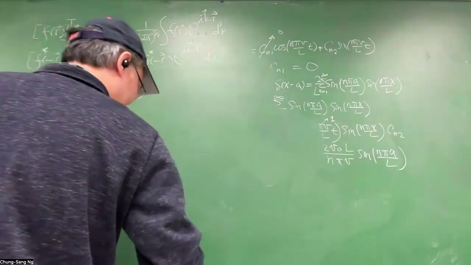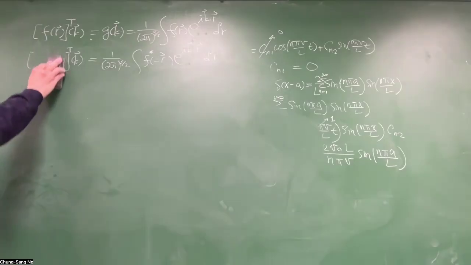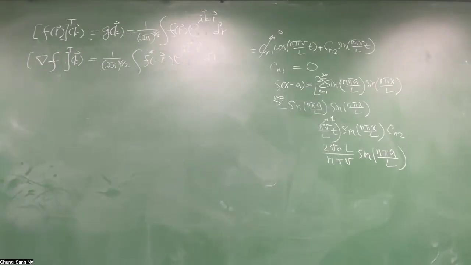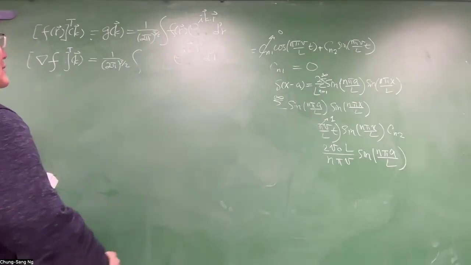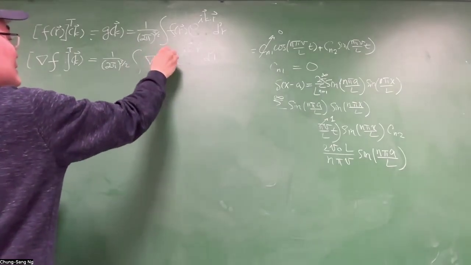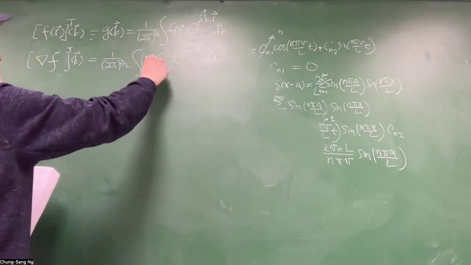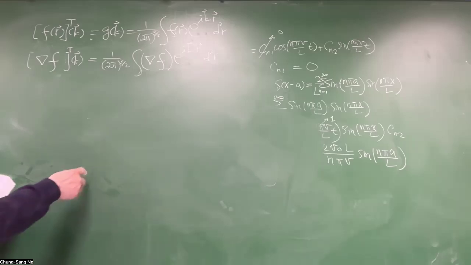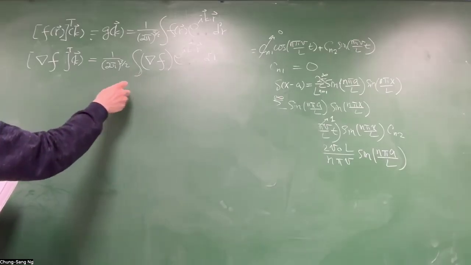The next one is the gradient. Let me put a gradient inside. Okay, and now we put a gradient up left here. This is operators on just F. So what you can do is integration by parts, right?